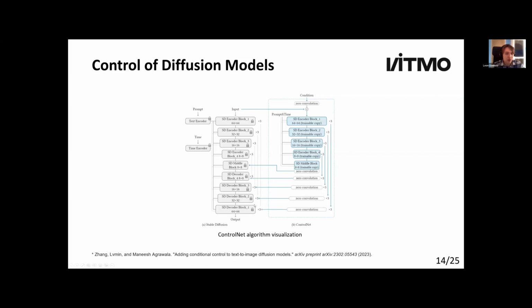So on the first iteration we will get output from the model as if it were just Stable Diffusion, but then it will be trained.